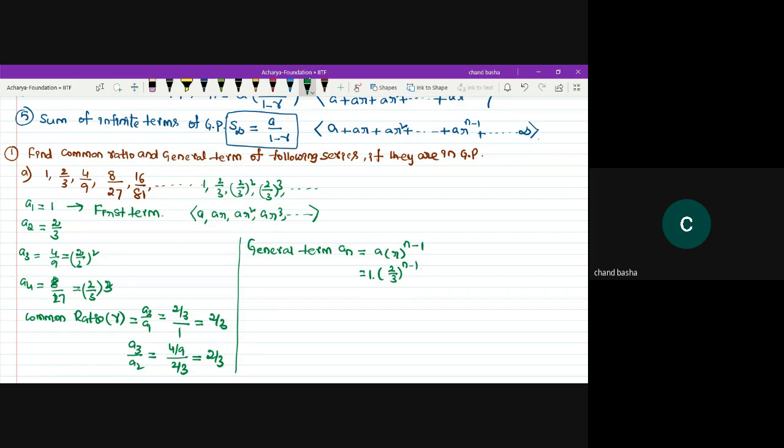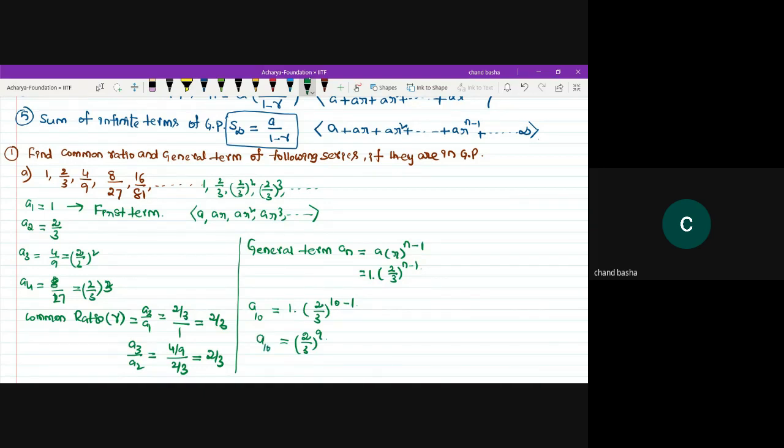So he's asking, just find out the 10th term. A10 is equal to, you can put n is equal to 10 in the given formula, 2 divided by 3, 10 minus 1, that is (2 divided by 3) whole power 9, is the required answer.